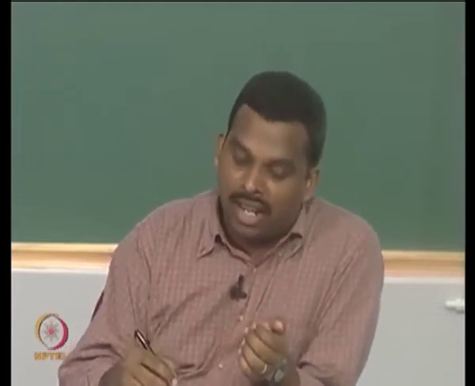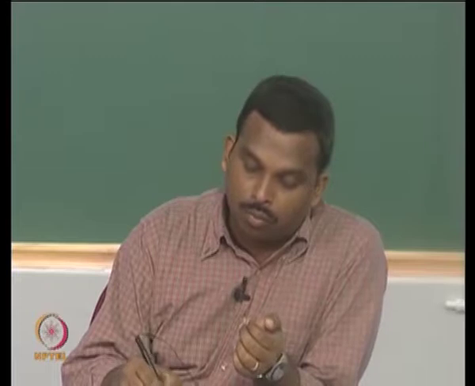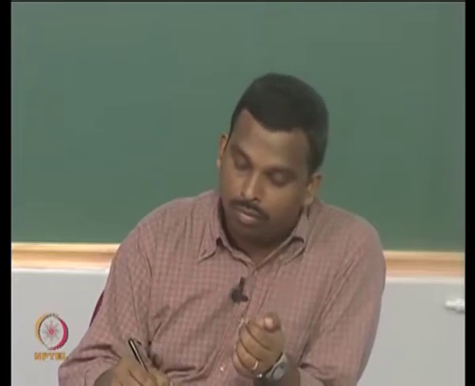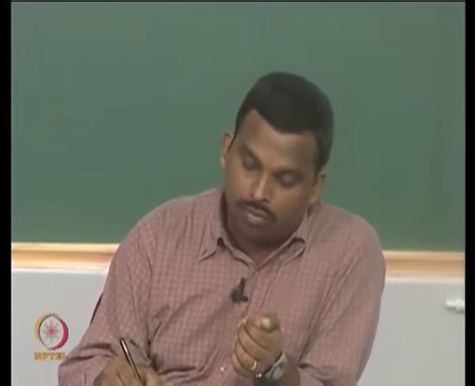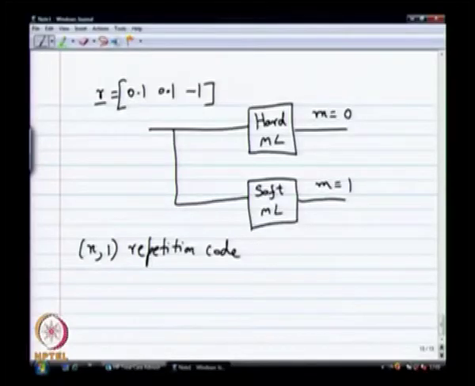Okay. So, you can also generalize. Suppose I have an N-1 repetition code, and I do same BPSK over AWGN. What will be the decoding rule?